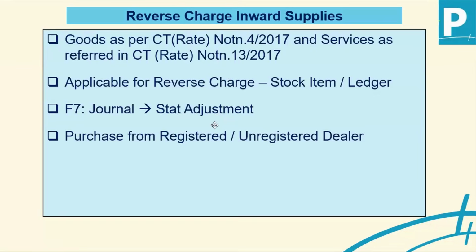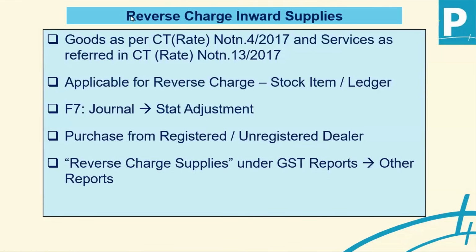Then the F7 statutory adjustment, creating the liability and taking back the input credit on the RCM paid element. Then purchases from registered and unregistered, how to configure it, I have shown. Then the use of the reverse charge supplies option in the GST report, other report part. I don't know how many of you have already used it.